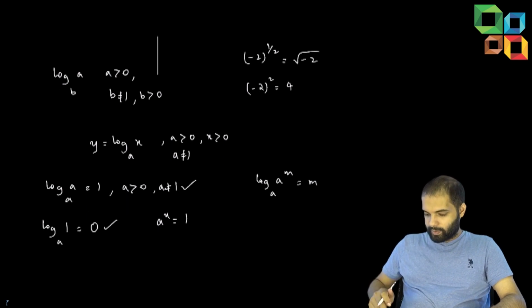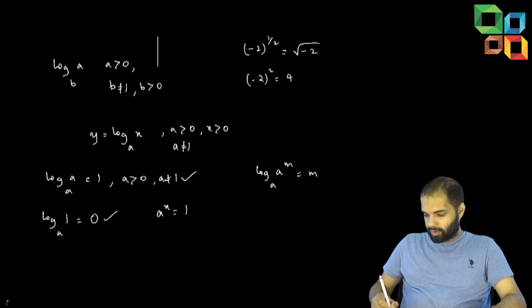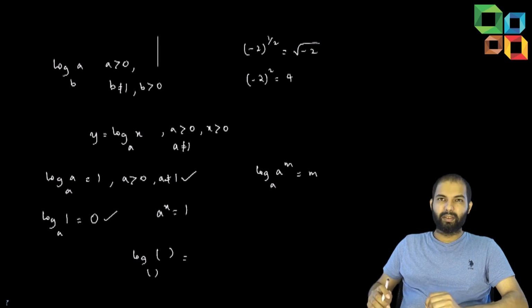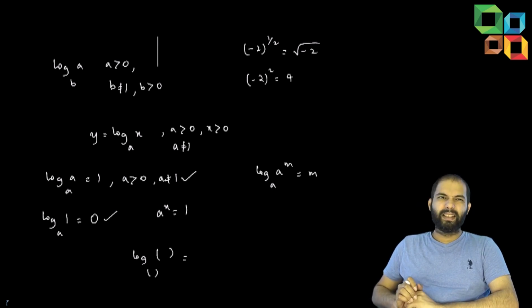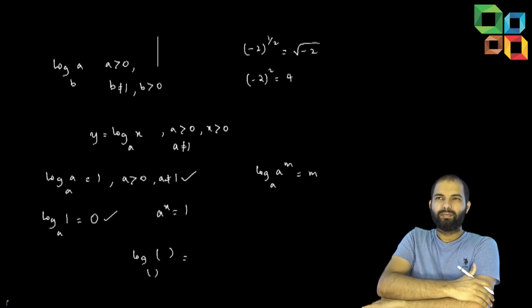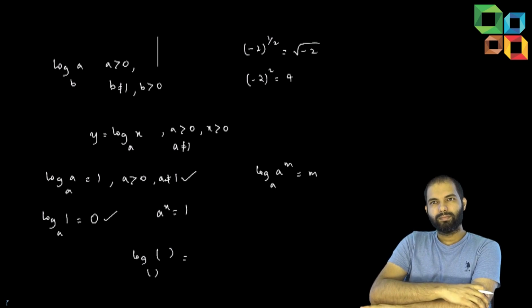Now, we have seen log of some argument and some base, correct? We've seen this equal to some negative number, right? So when do we actually get this negative number? When things are fractional. It's a fraction, okay.